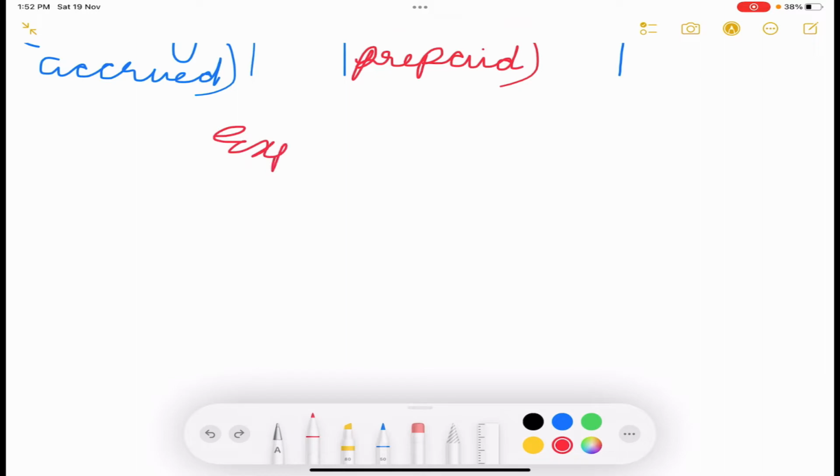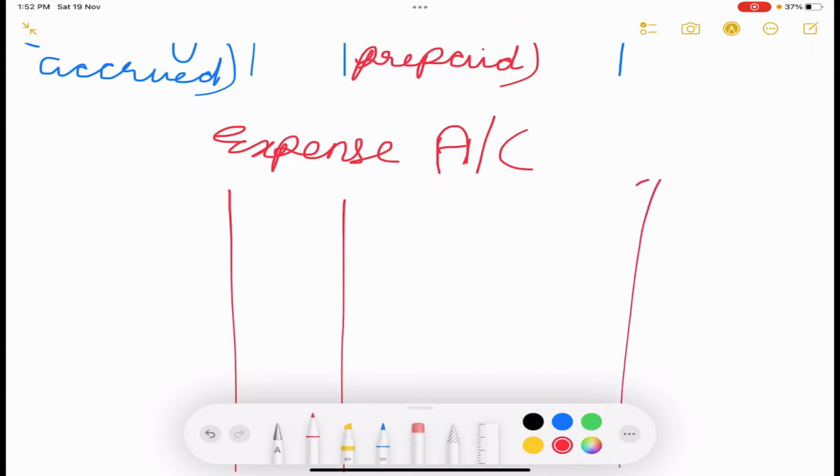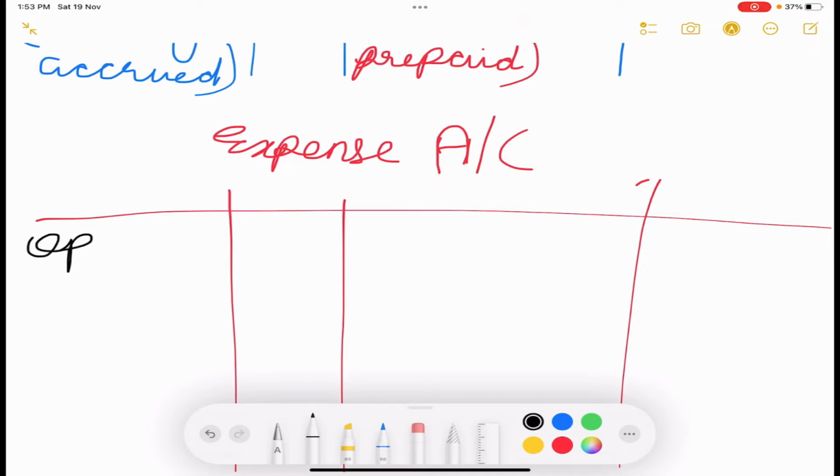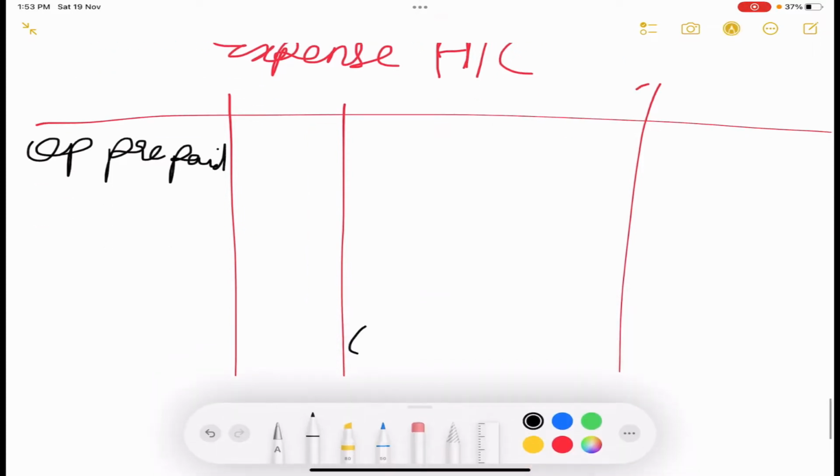So we have an expense account. I hope you're doing it by yourself. We know that this is opening prepaid, and crossover, this is the closing prepaid.